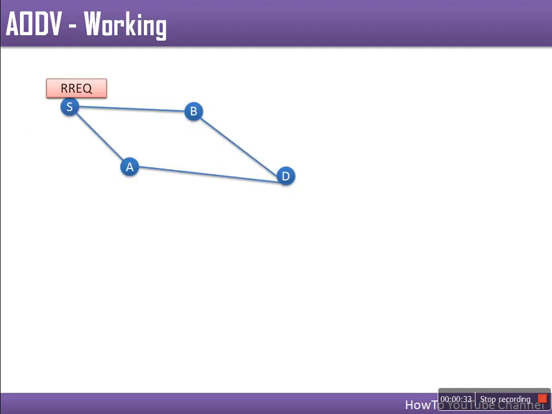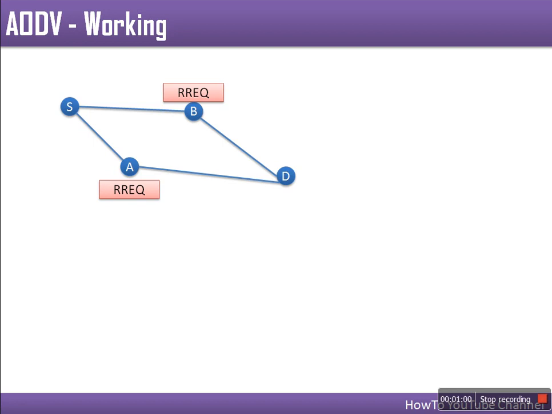So we will see the main difference. How AODV works: whenever a node wants to send data to another node, it starts the route discovery phase, and this phase is started by broadcasting a route request packet. Let's say node S wants to know where node D is in the network, so it will broadcast a route request packet.